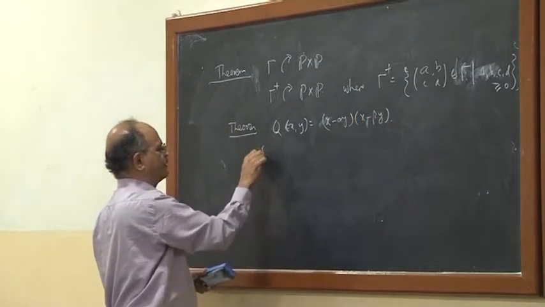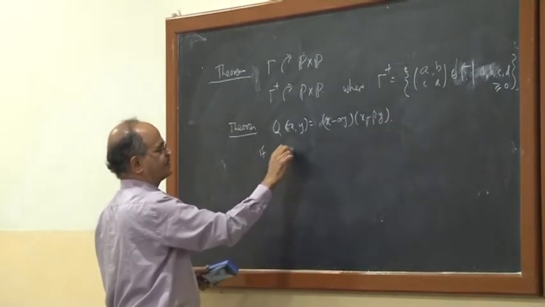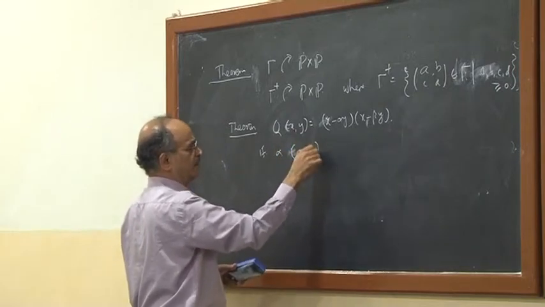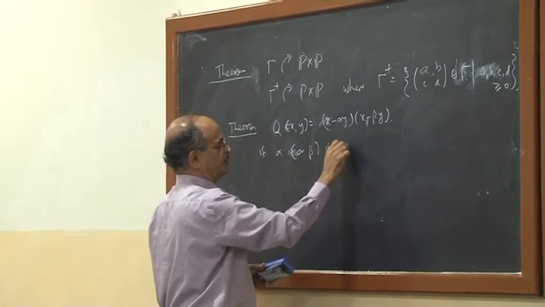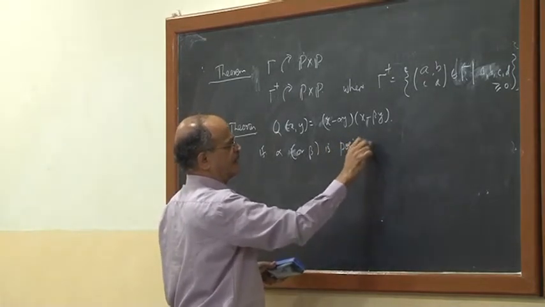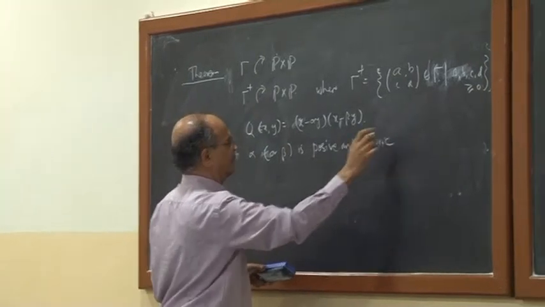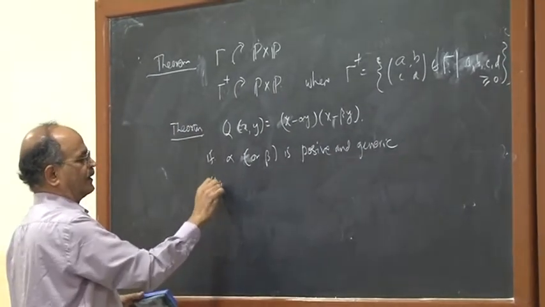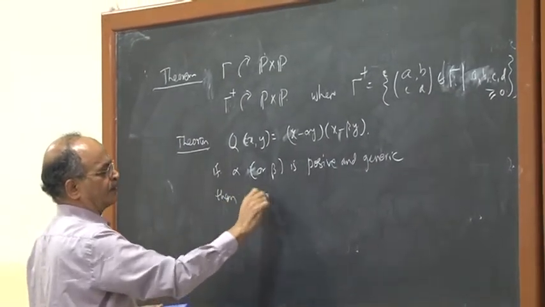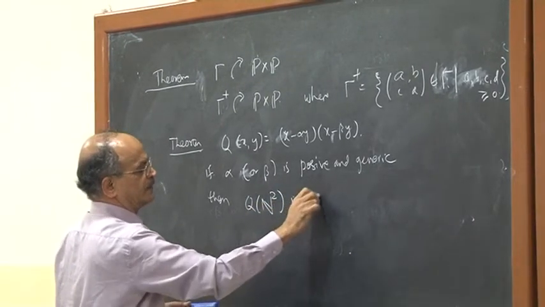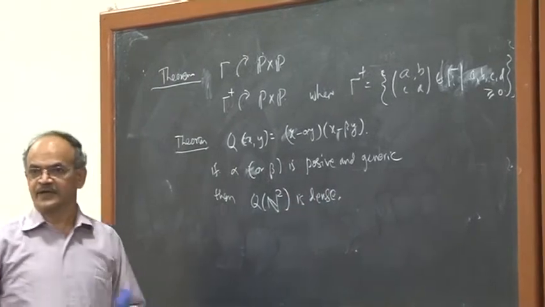If alpha or beta is positive and generic, then Q of N^2 is dense.